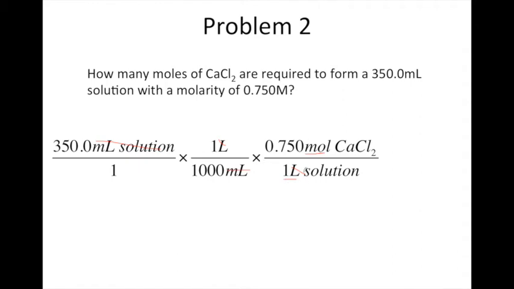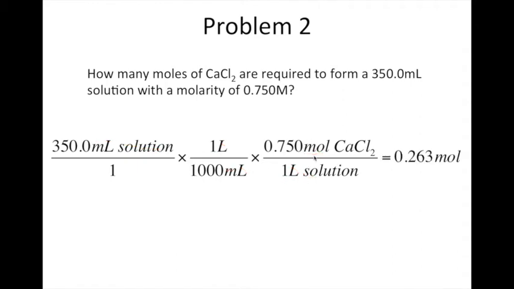With moles on the top, I end up with units of moles, and then I can solve and I get 0.263 moles. So 0.263 moles of calcium chloride, if I dissolve that in a total volume of 350 milliliters, my molarity would be 0.750. So again, molarity can be used as a conversion factor to convert between liters of solution and moles of solute or vice versa.